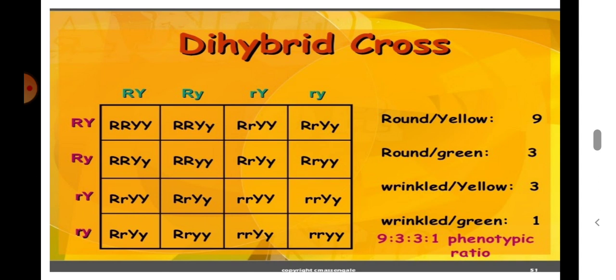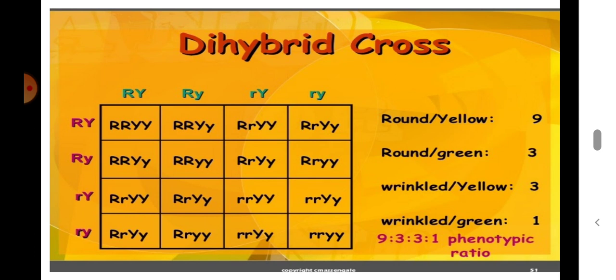And then like that, we see that the round yellow offspring are present, because the round yellows have the dominant characteristics, having capital R and capital Y in their genotype.